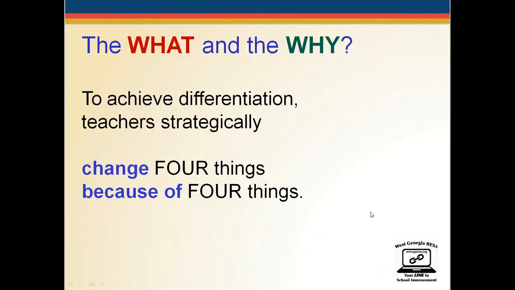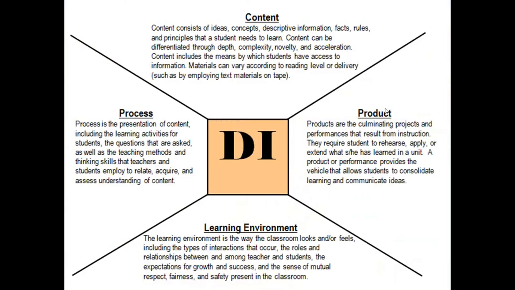So, the what and the why. This is a great way for us to really zero in on what differentiation looks like. Differentiation is when the teacher changes 4 things and does so because of 4 things. And so what are those 4 things and why are we changing? Well, the 4 things that get changed in a differentiated classroom are the content, the process, the product, or the learning environment.